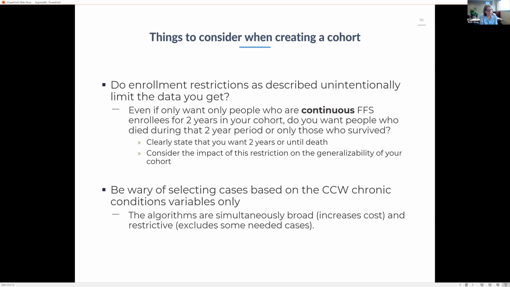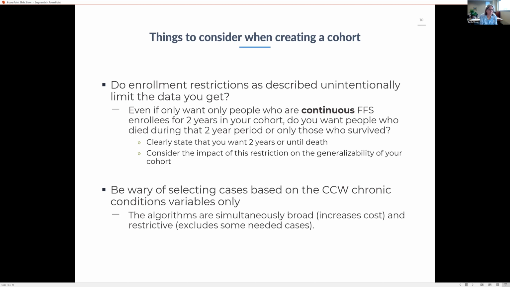In some cases, they're too broad. The cohorts are going to be too big. Like, oh, well, it returned a lot of people I don't need. And in other situations, they might be too restrictive, and there might be a code or a couple of codes that you think are really important that aren't included there. So in some ways, it can mismatch.